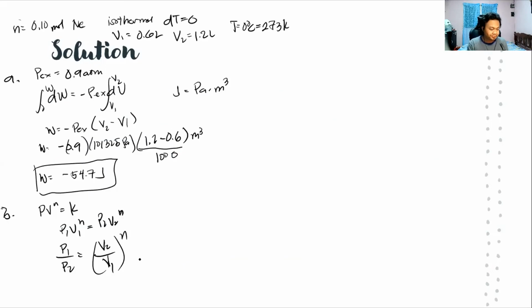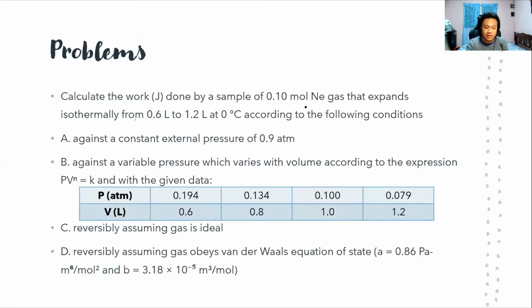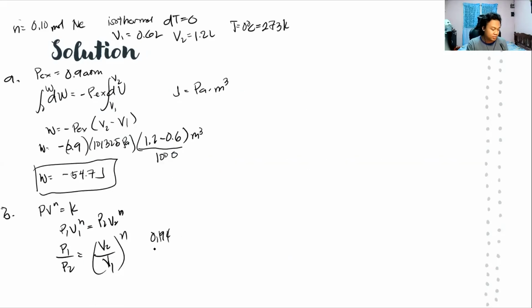So we will substitute as 0.194, di ba, atm and liters. So 0.194 and then 0.134 and then 0.6, then 0.8 and 0.6.